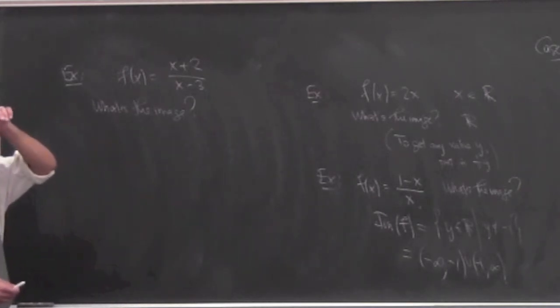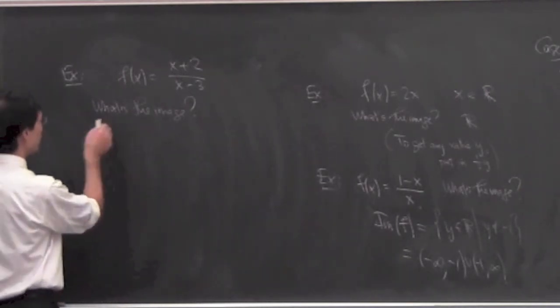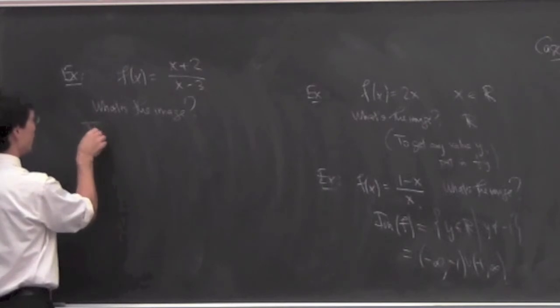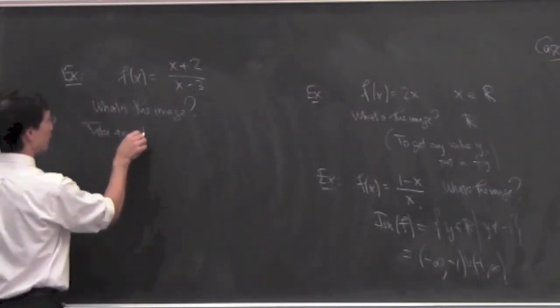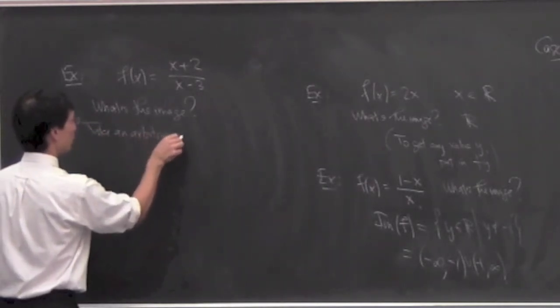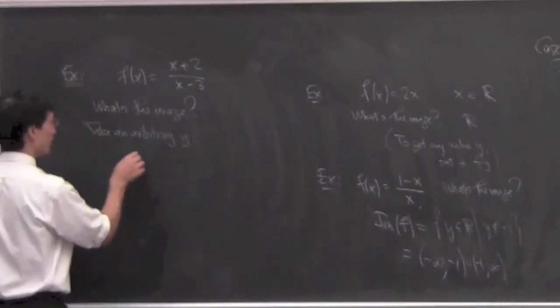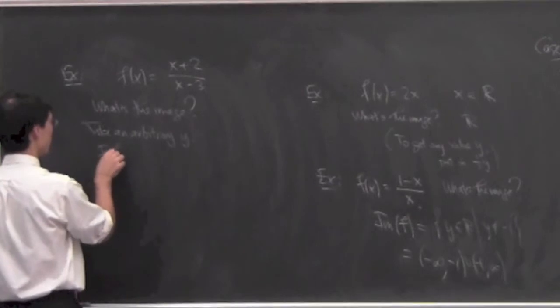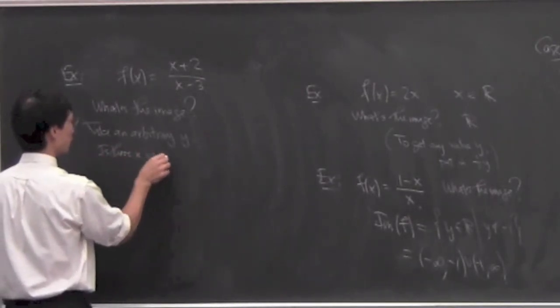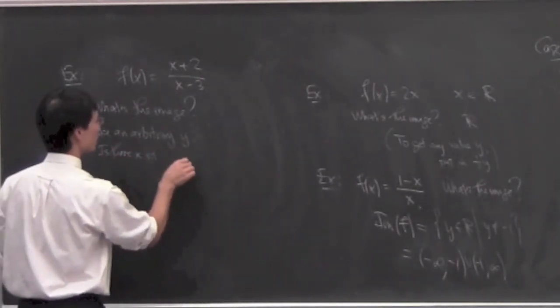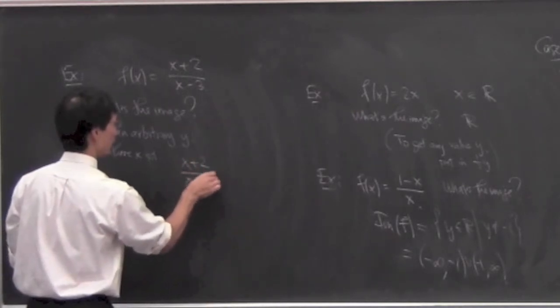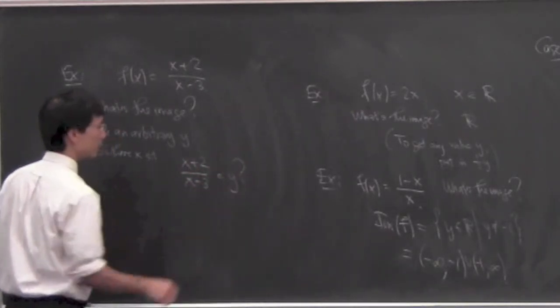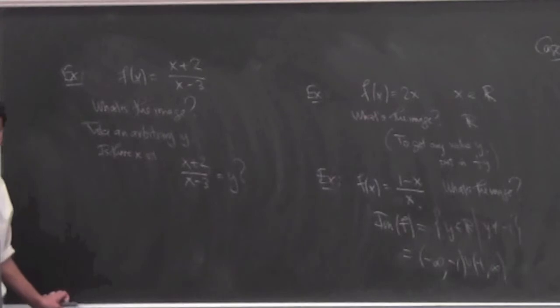Let's do this one together since we don't have too much time. Let's take an arbitrary y, and see, is there x such that f of x equals y? So what do we need to do?